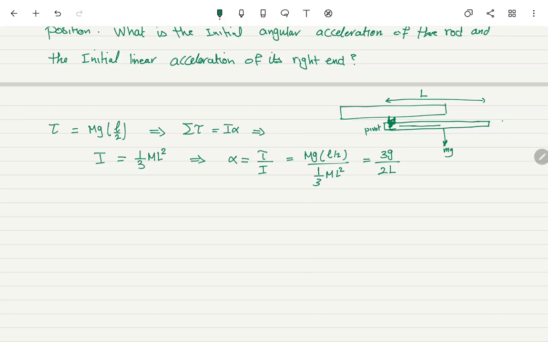Now to find the linear acceleration, A tangent is equal to R alpha, and R in this case is equal to L. You substitute this, and you will find A tangent equal to L alpha, or equal to 3/2 g.